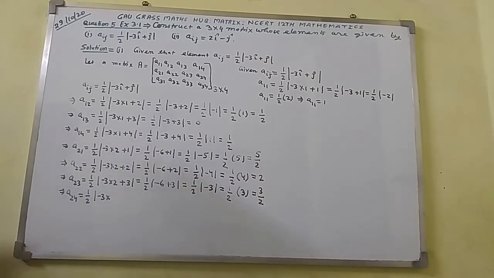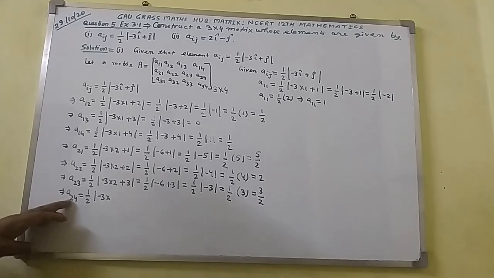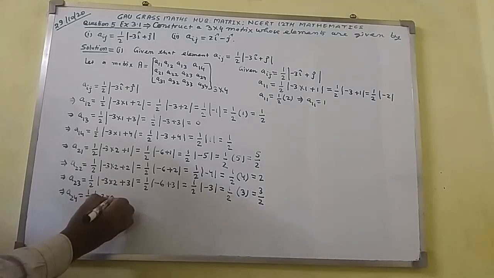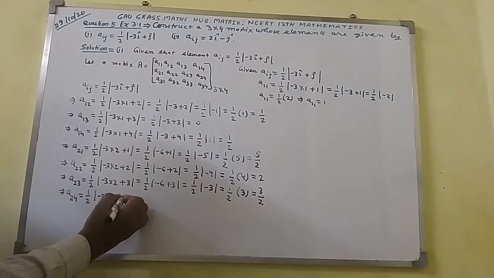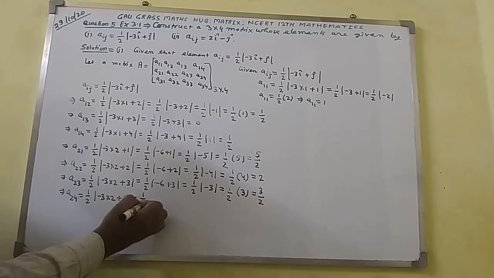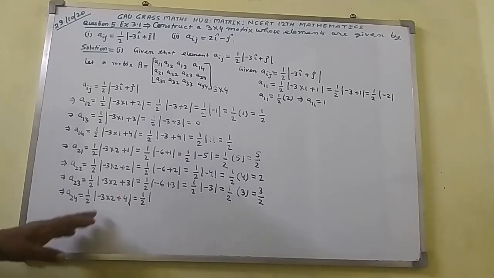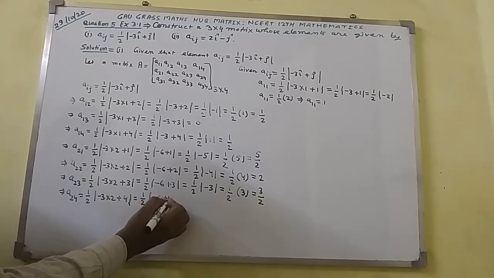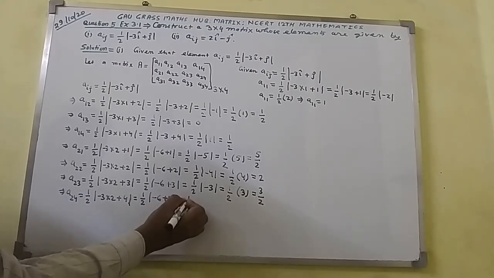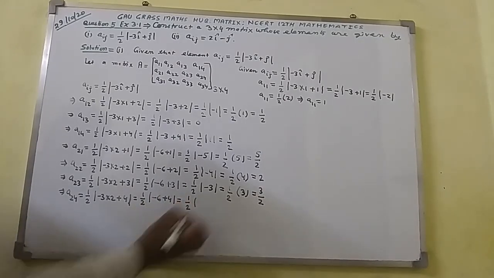In place of i I shall write row position 2 plus column position 4. I shall write mod 1 over 2 mod minus 3 will multiply to 2. We'll get minus 6 plus 4, which comes out to 1 over 2.